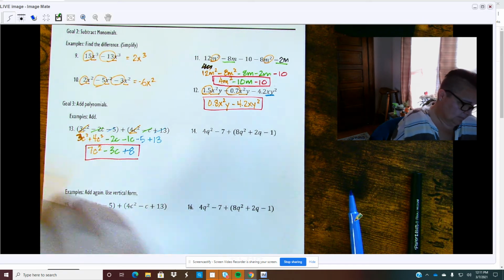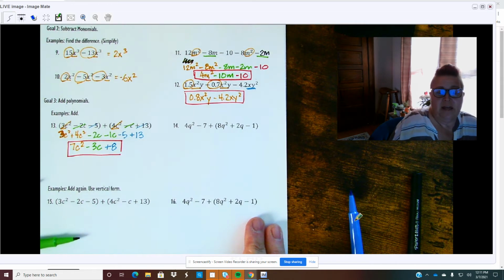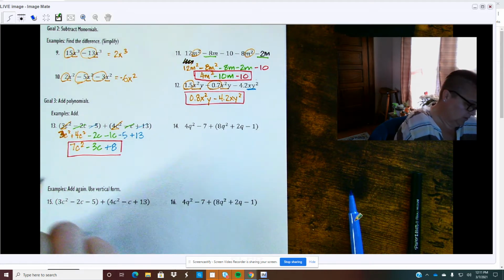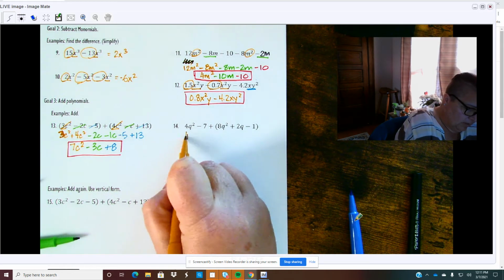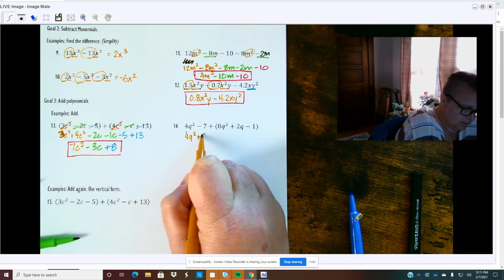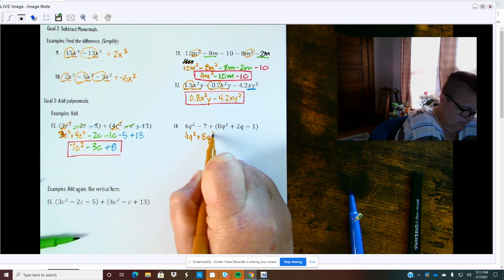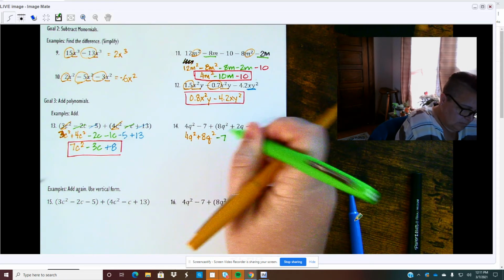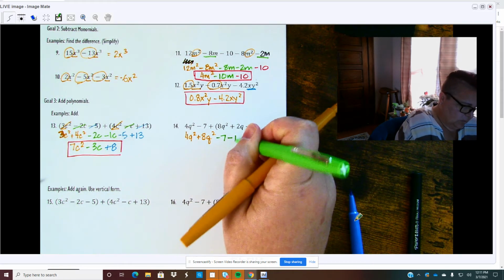All right. Then we've got a 4q squared minus 7 plus 8q squared plus 2q minus 1. If I've got a 4q squared, I've also got a plus 8q squared. I've got a minus 7 and a minus 1.